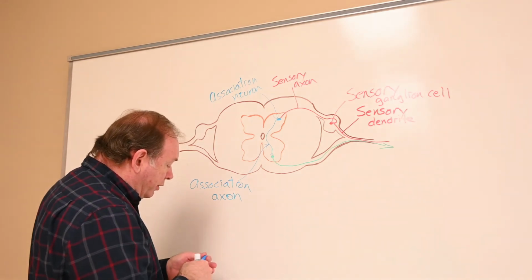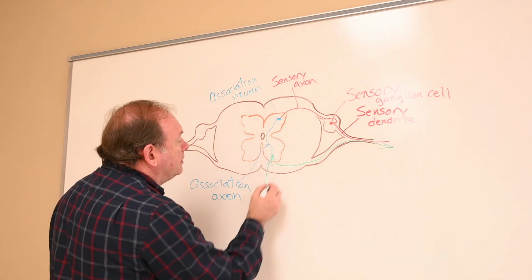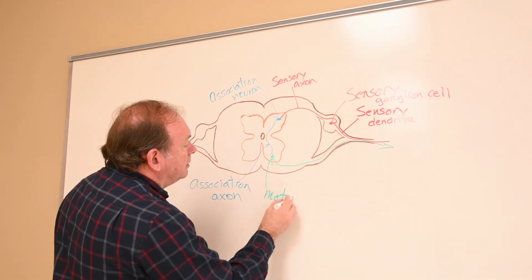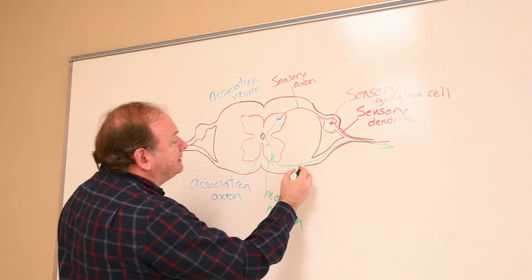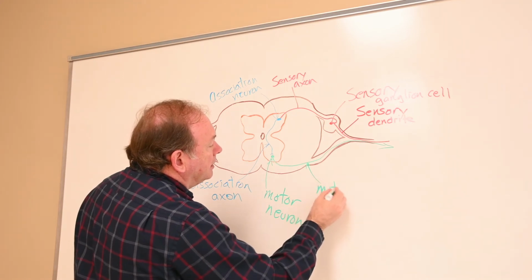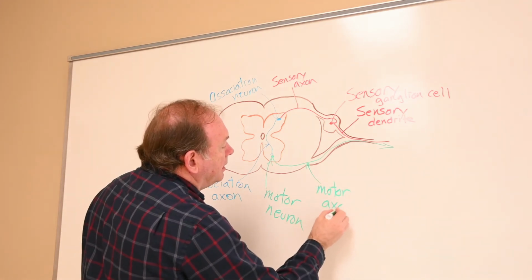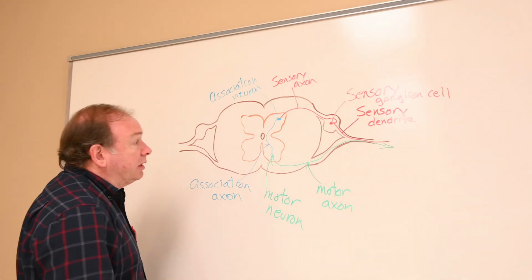Next, we have our motor neuron, right here. And its axon, so this is the motor axon right here. And that's a simple reflex arc.